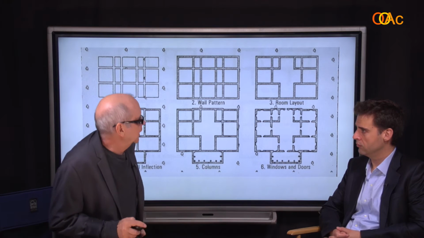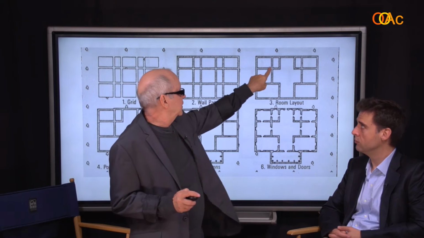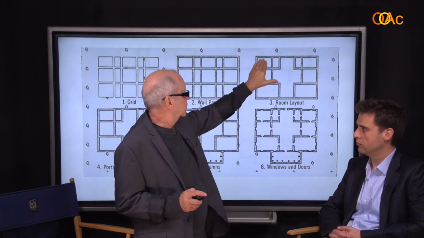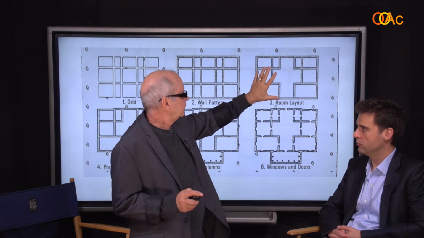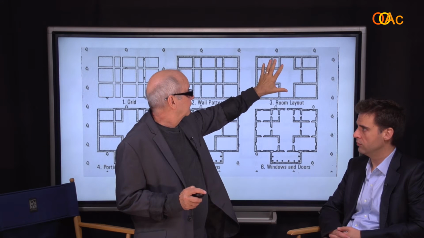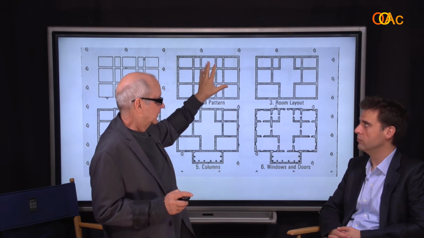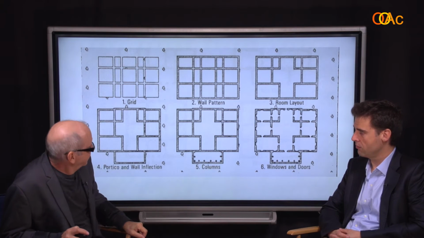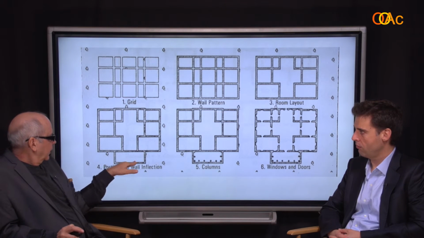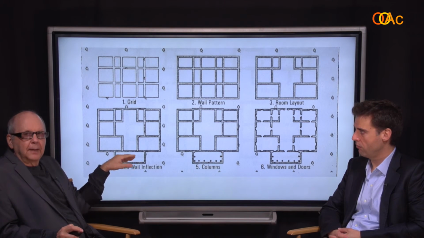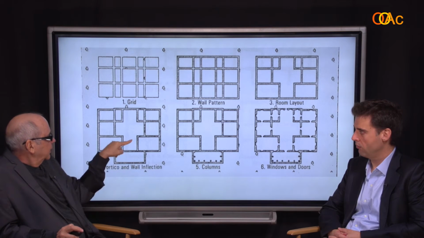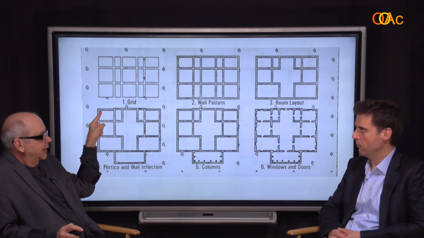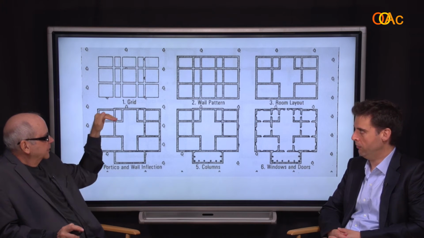So then we say, well, we're choosing these grid lines for the wall. So we have our central space, we have our spaces surrounding it, but every wall is on a grid line. No winging it. Then he says, now we're going to have a portico, and reflecting the portico on the other side there's an inflection, just this little bump, that gives a balance to it.